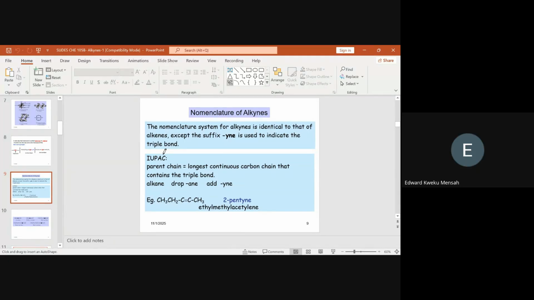Decyne. Decyne. All right. What about an alkyne of 4 carbons? Butyne. Butyne. Good. You guys are good. You break all my papers. Don't worry. This is the simplest way of form.